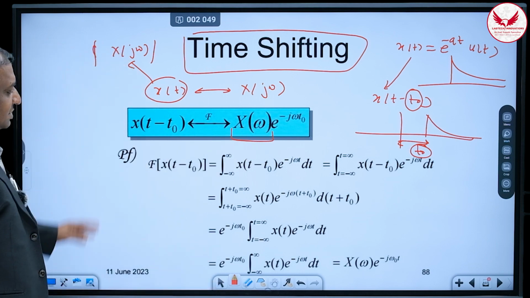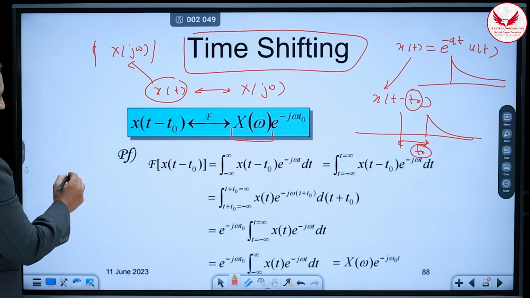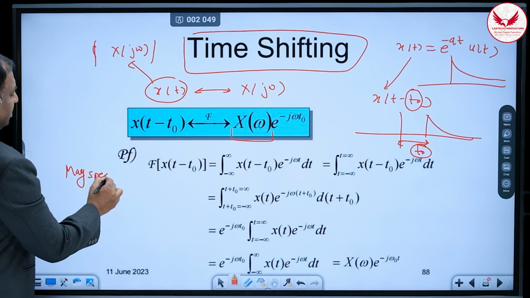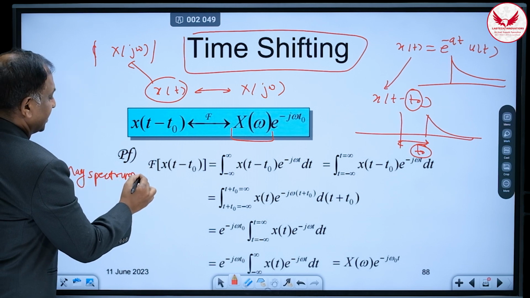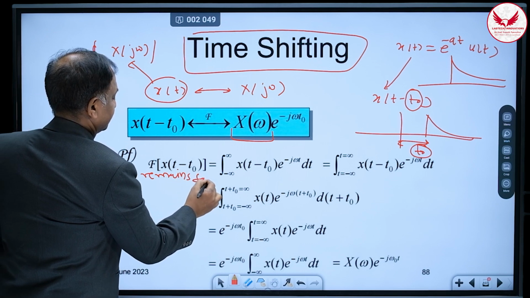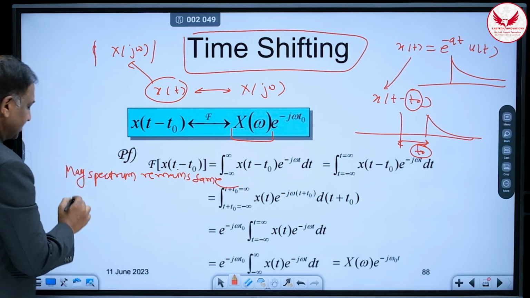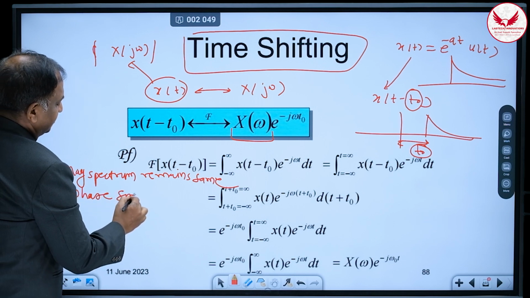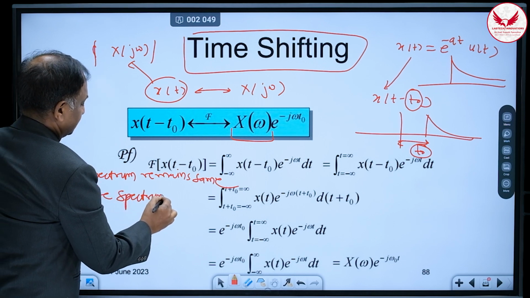So if the signal is shifted in the time domain, its magnitude spectrum remains the same. However, its phase spectrum changes.